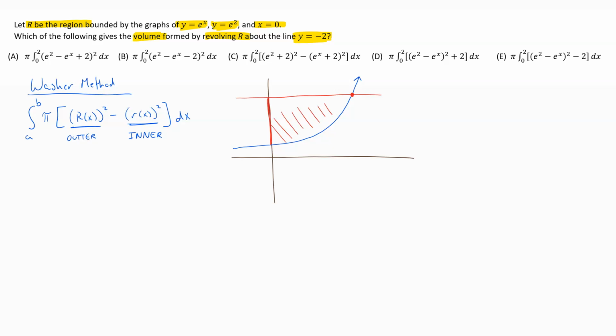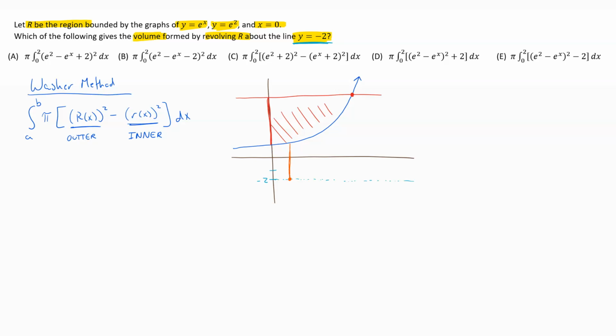The thing that oftentimes trips people up is when we start rotating around something other than the x-axis. What we're being told is to rotate this around the line y equals -2. To figure out my inner and outer radius, I start by drawing from that line I'm rotating around, and I draw up until I hit the first graph.